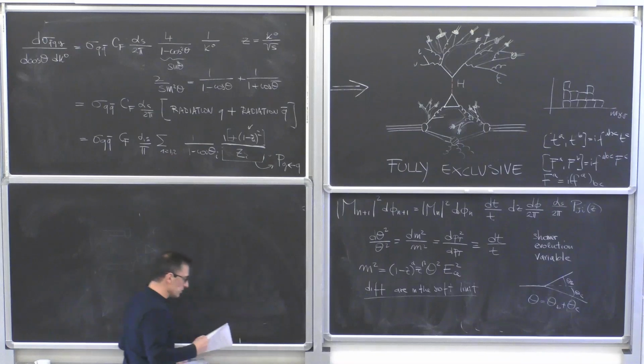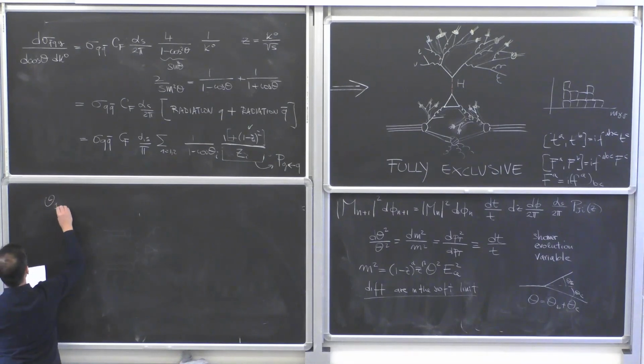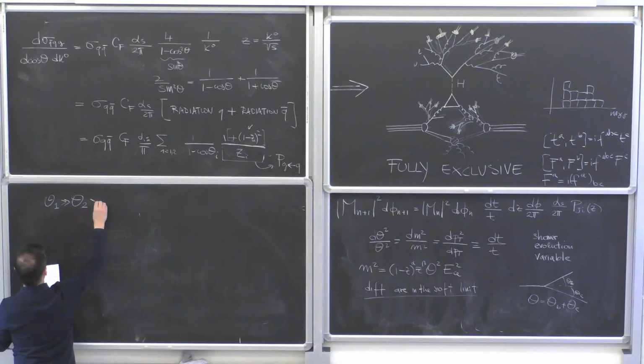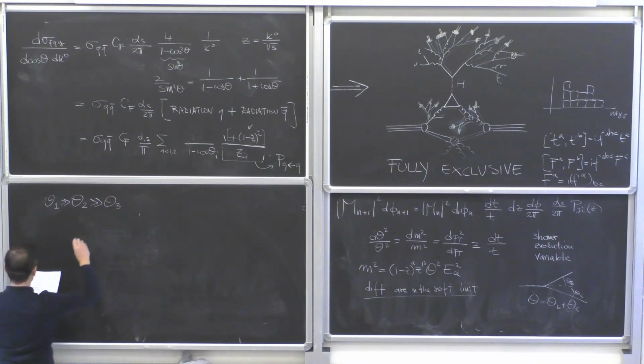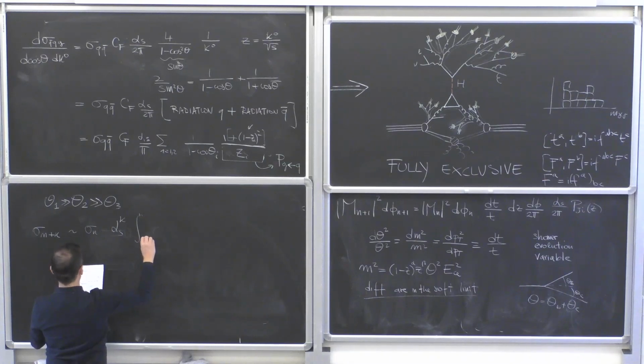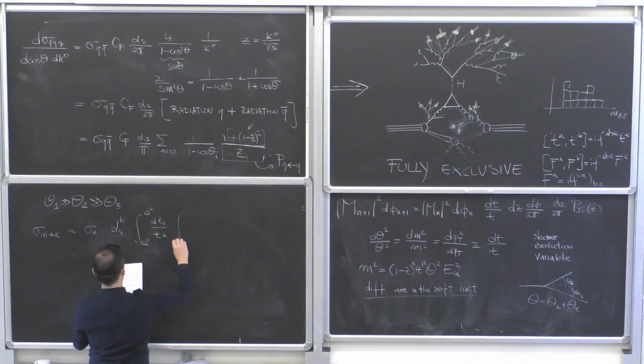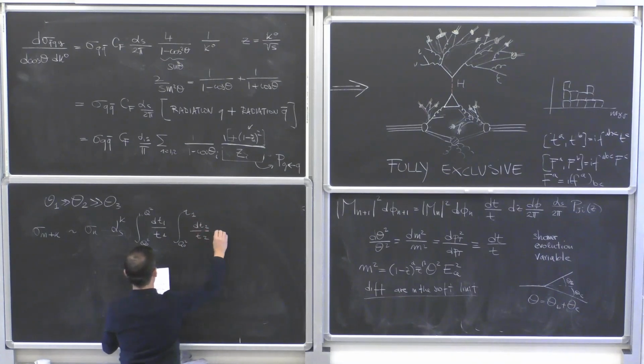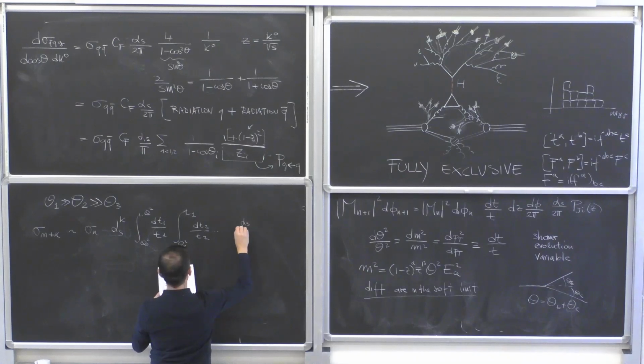Okay. So what I get, I can now compute the result of this iterated splitting, approximated in a way which we call a leading log approximation. So if you use theta, the angles, as ordering variables, which is, by the way, the right thing to do, and you have a cross-section for m particles, and you add kappa gluons or partons, this will be sigma_n times alpha_s to the kappa, and then you will have the integral at any given scale of each splitting.